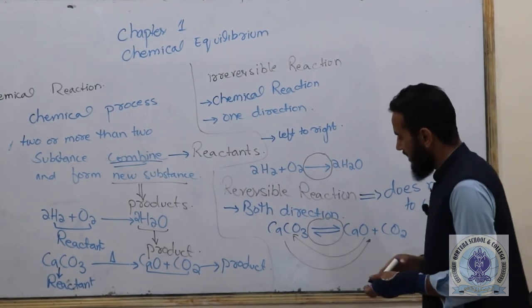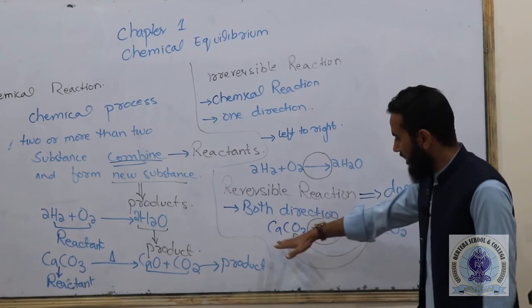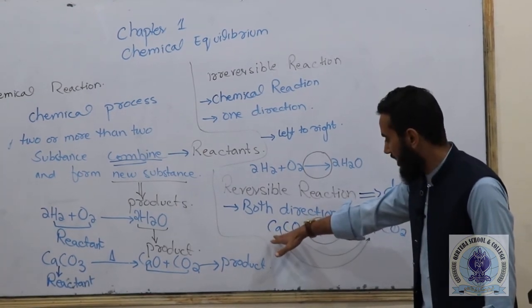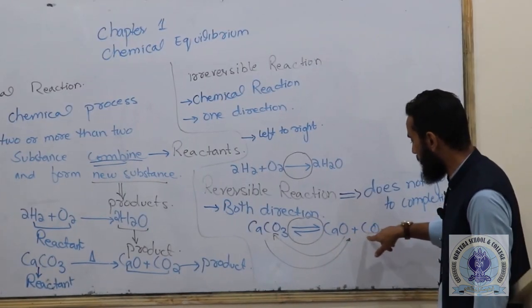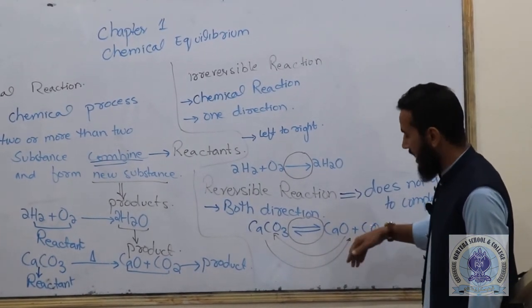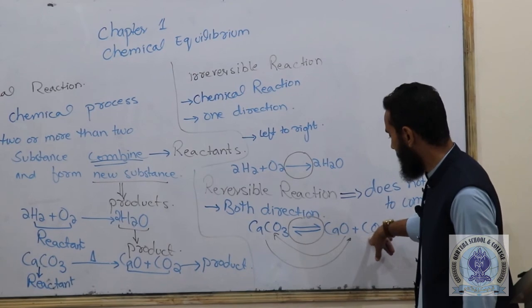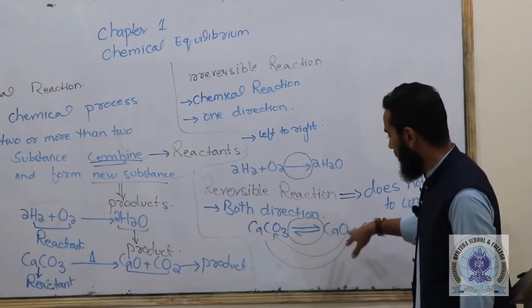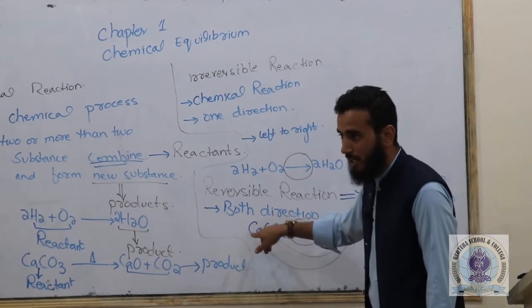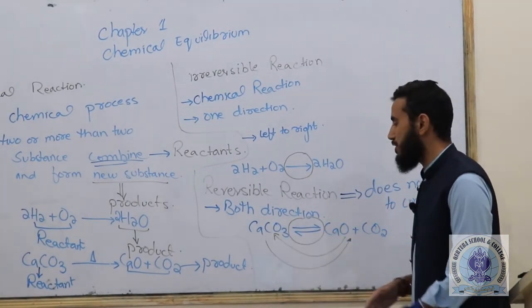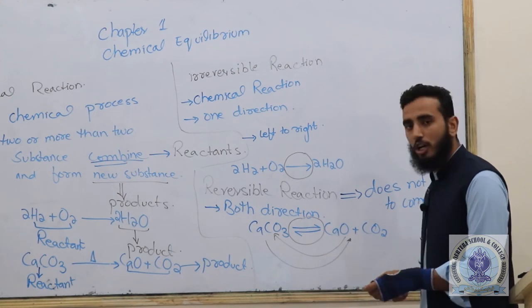Because in the very beginning of the reaction, we have enough calcium carbonate that will be converted into calcium oxide along with carbon dioxide. With time, the carbon dioxide and calcium oxide will combine with each other and give us calcium carbonate back. So this reaction does not go to completion.